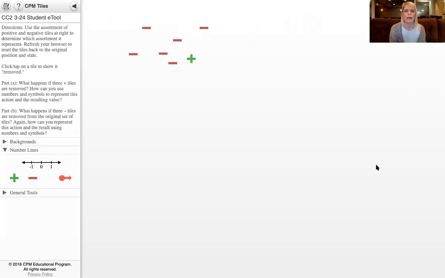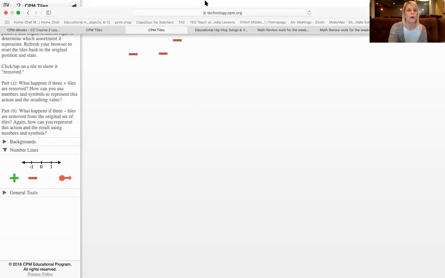I removed 3 positive tiles, so type in the chat box, I could see it. I see lots of negative 5s, good. And how you get negative 5 is you remove the 1 zero pair I can, and then I only have negative 5 left, good. So that's basically how it works for addition.